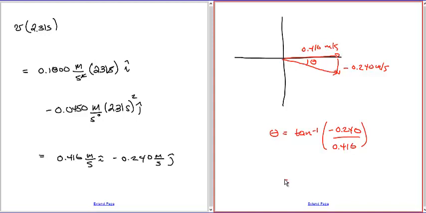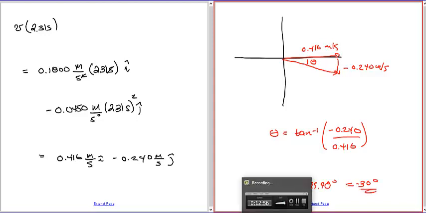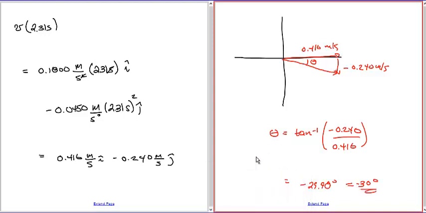Make sure my calculator is in degrees. So let's take the inverse tangent of negative 0.240 divided by 0.416, and I get negative 29.98 degrees, which is negative 30 degrees. So that does work out.